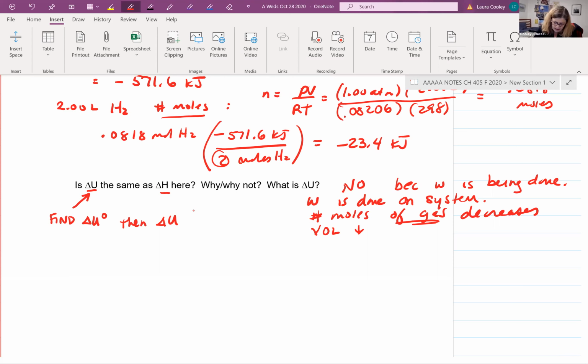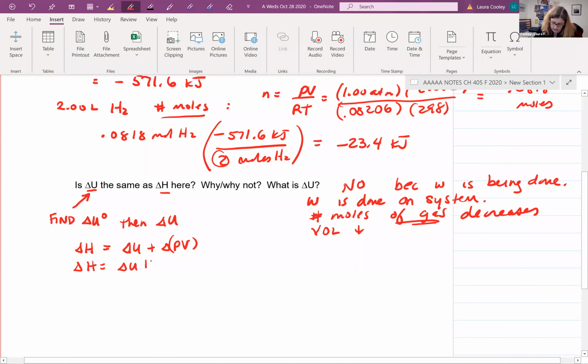That's the only reason. So what I would do is find the delta U0 from the delta H0, using delta H is delta U plus, I always honestly go back to the beginning. That's just the way I do it.